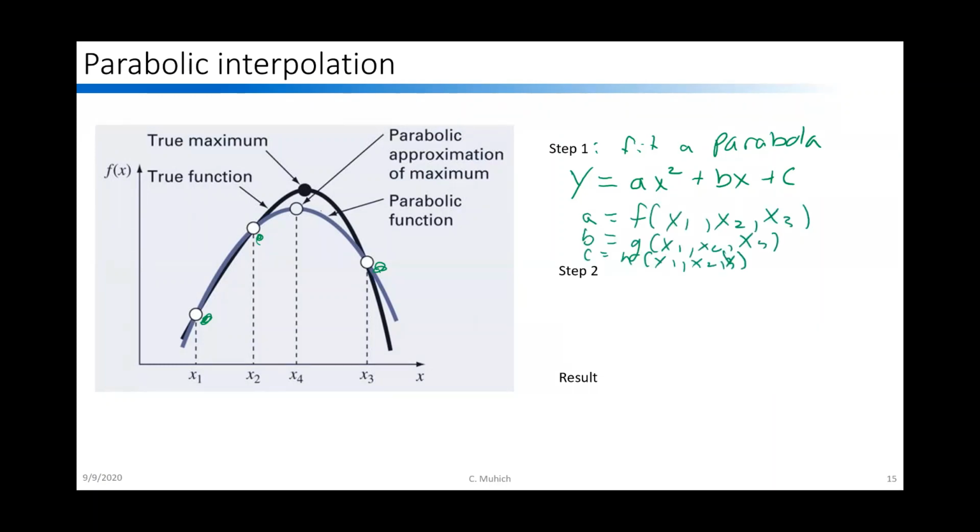It's 3 points and the associated f of x values. We can fit a, b, and c to that function.